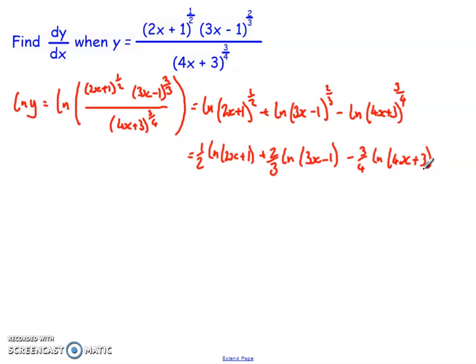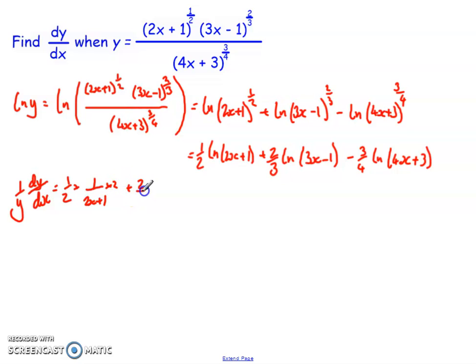So what I now do is take the derivative of both sides and see what I can get from that. So derivative of the left hand side will give me 1 over y dy by dx. And if I look at the right side and I do derivatives of each term individually, first term will give me a half times 1 over 2x plus 1 times that by 2.